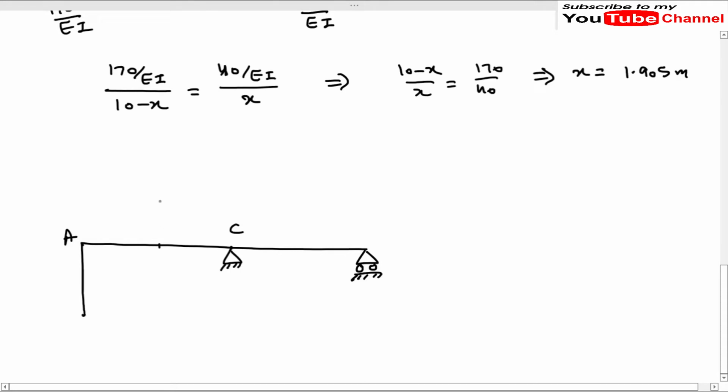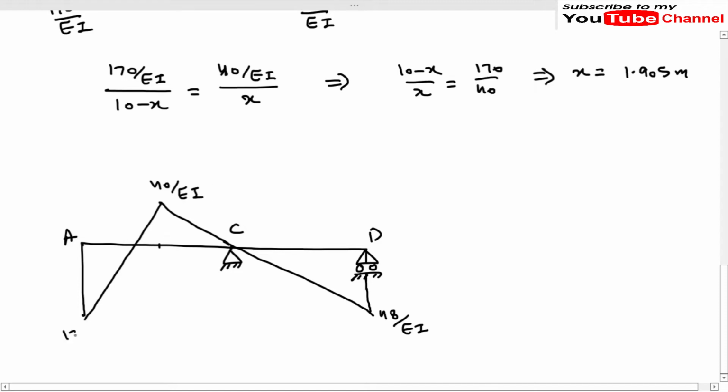So it is 170, it is 40, and at C we will have 0, and at this point D we have 48 divided by EI. Here we have 40 divided by EI, and here we have 170 divided by EI.